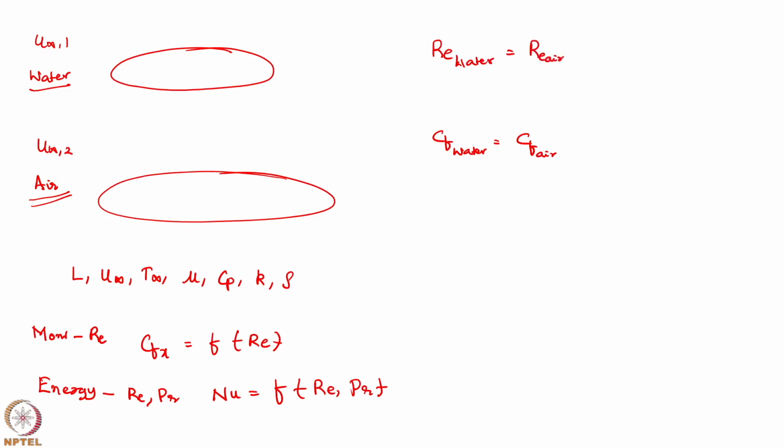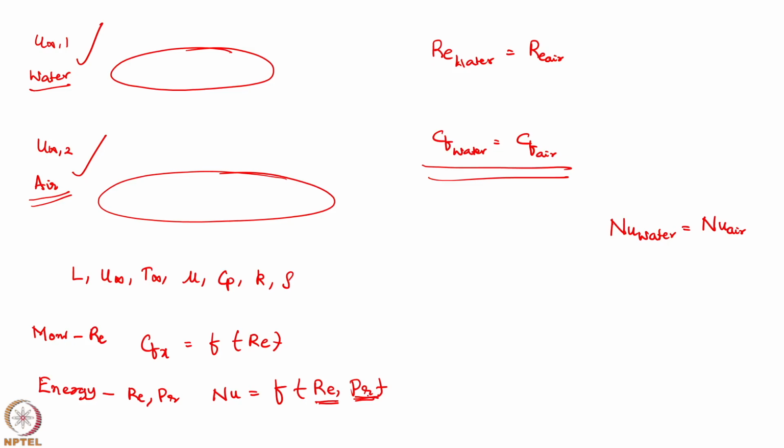If I keep the Reynolds number same in both cases, I am going to get the same Cfx. Now for getting the Nusselt number of water to be equal to the Nusselt number of air, what should I keep? I should keep not only the Reynolds number same, but also the Prandtl number.